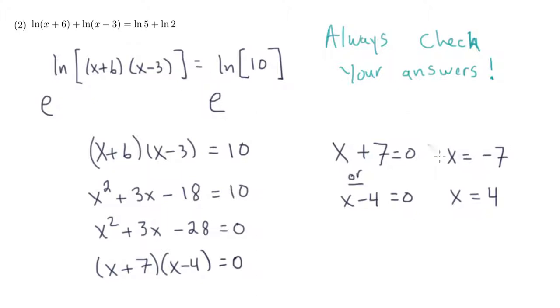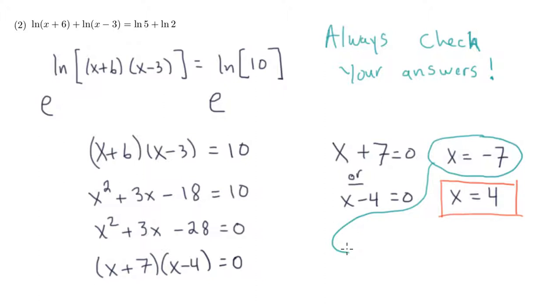Because in this case, this guy is not a solution. We only have one solution, x is equal to 4. So this guy right here actually has a special name. This is called an extraneous solution.